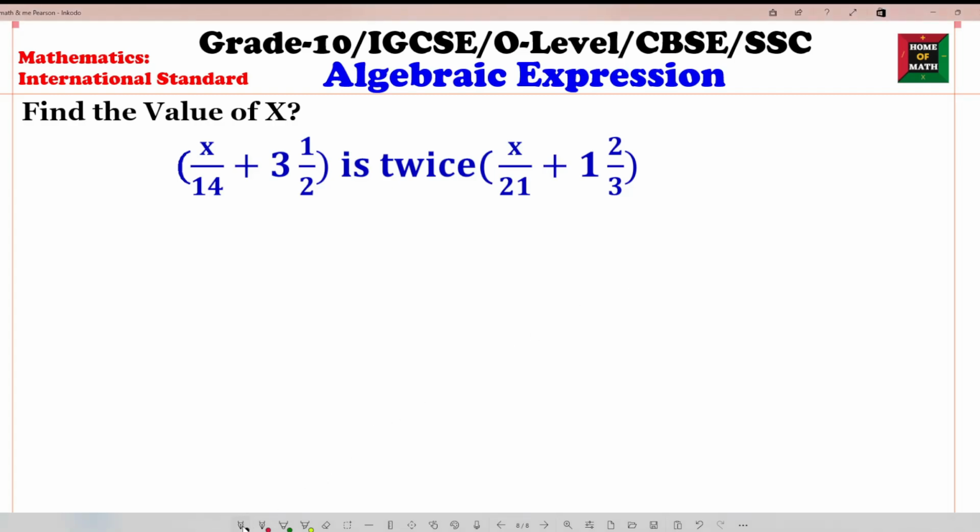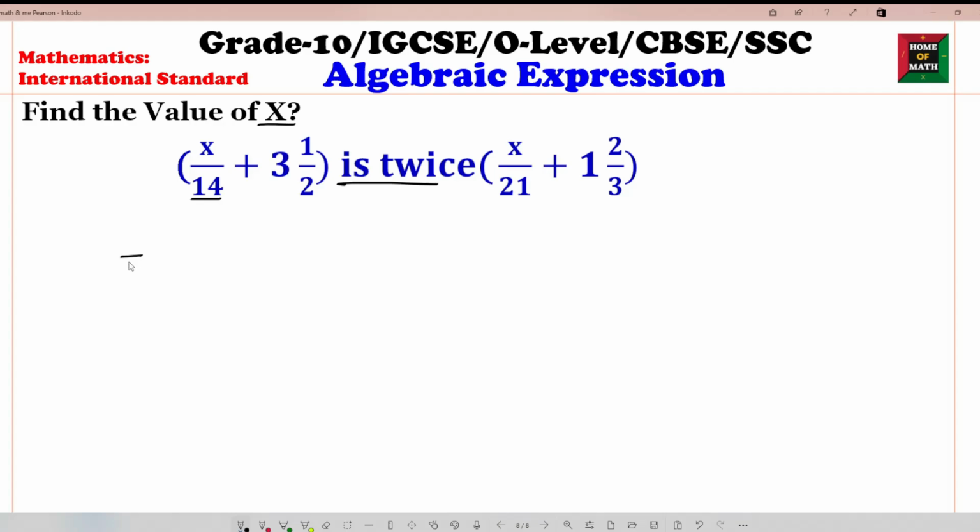Second question. And here also we will find the value of x.